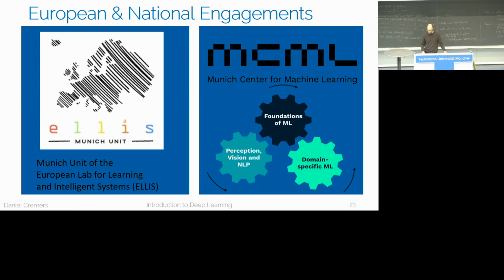The Munich Center for Machine Learning has 3 pillars. One is on the foundations. This includes the mathematical and algorithmic foundations. People often overlook that aspect. There's a lot of math and computer science to actually make all of these methods work. Then there's domain-specific machine learning.